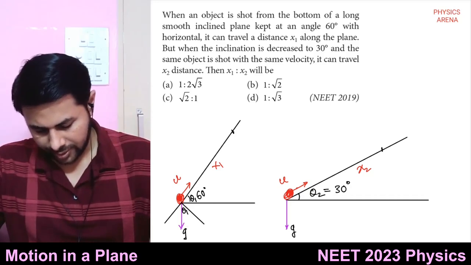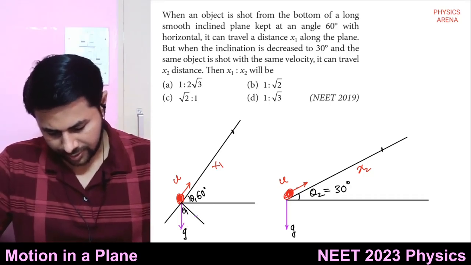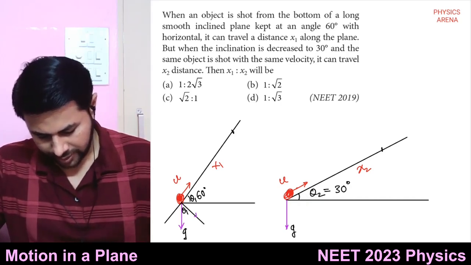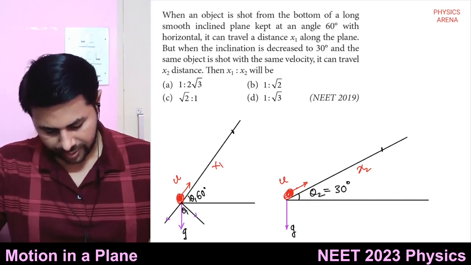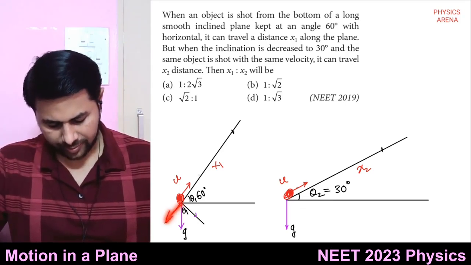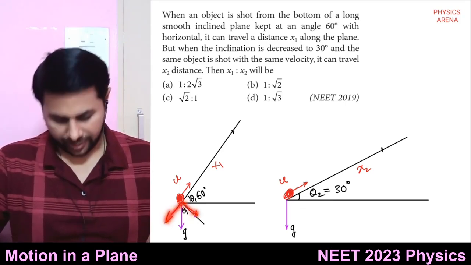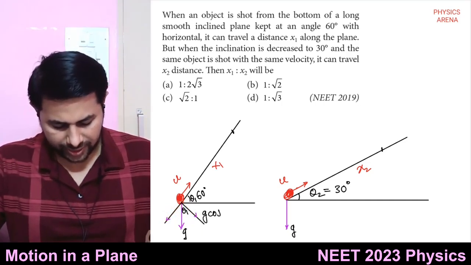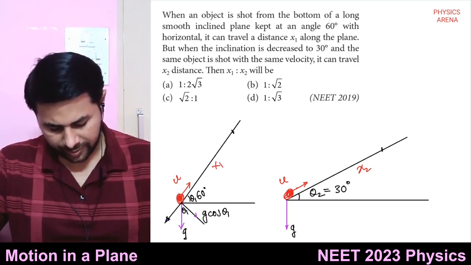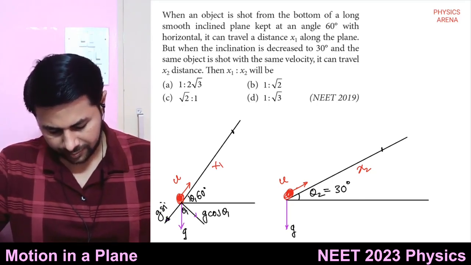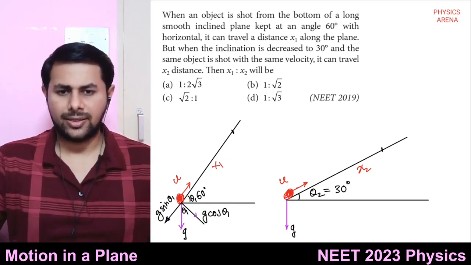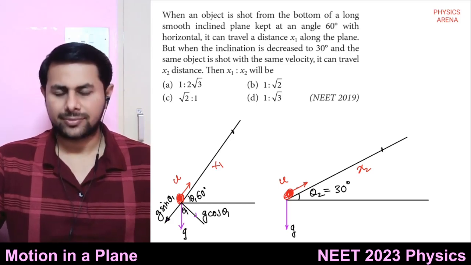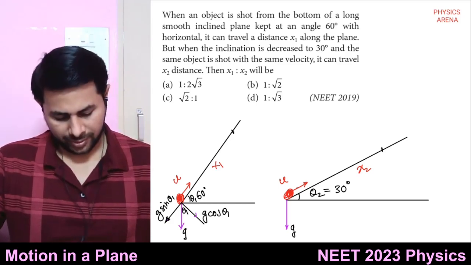It will have these two components, one along the plane and one perpendicular to the plane. The component perpendicular to the plane is g cos theta 1, and this one will be g sin theta 1. Right? Yes, no? Yes, sir. Okay.